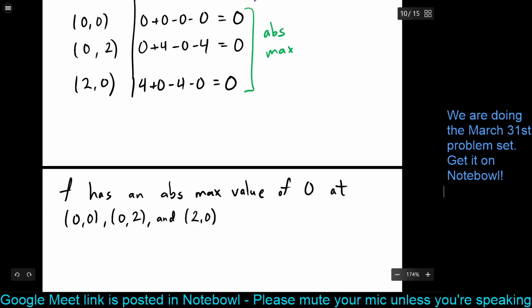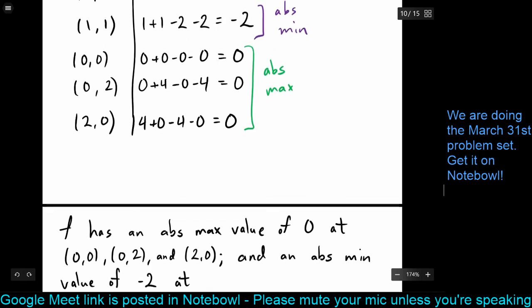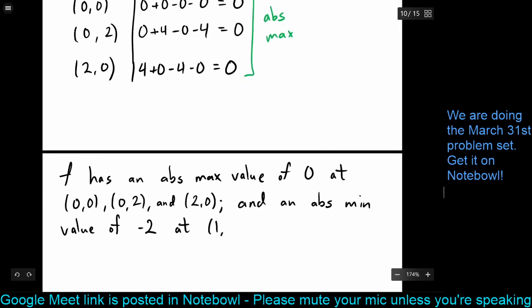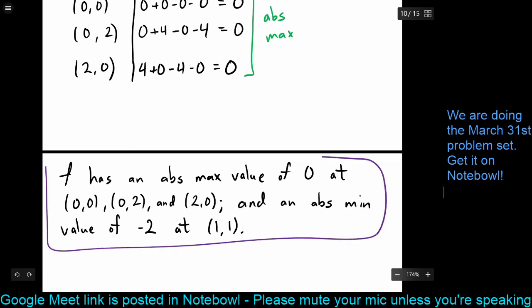Okay. And an absolute minimum value of -2 at, was it 1, 1? Right. And then that's a good form of an answer here.